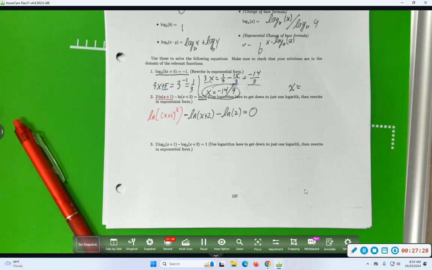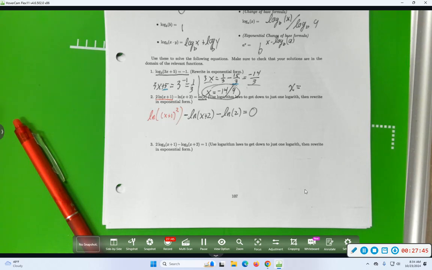You don't have to move that ln of 2 to the same side, but I think this is a reasonable strategy. I see some subtraction next. What does subtraction outside of the log turn into? Division.